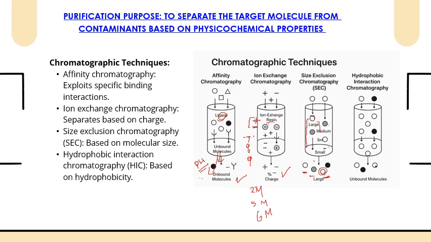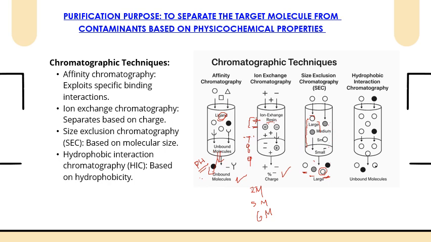The last one we have is hydrophobic interaction, which is based on hydrophobicity. It can separate proteins based on their hydrophobicity. Proteins with a hydrophobic region interact with the hydrophobic ligands under high salt conditions.